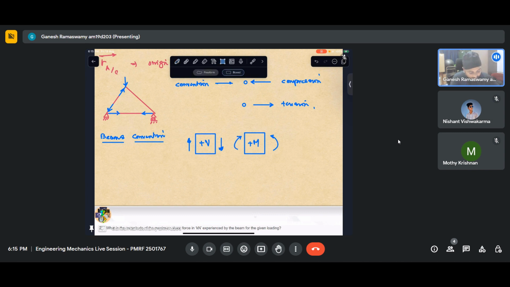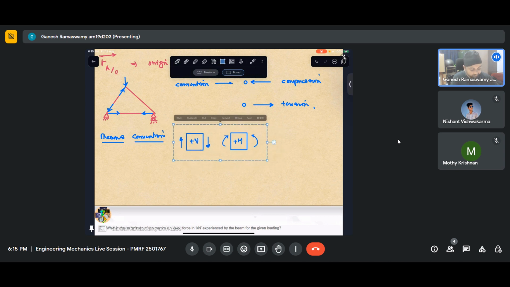So we need to look at what these mean. This will be given in most of the questions, so we need to interpret this appropriately. What this implies is that on the positive face, this is the positive face, this is the negative face.